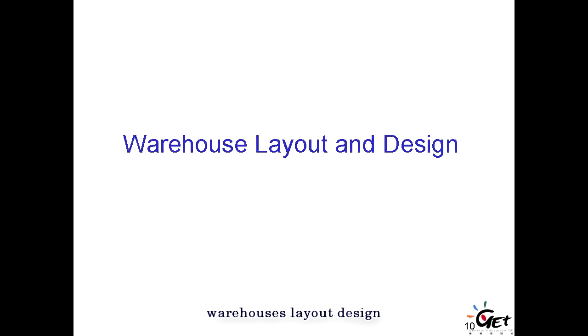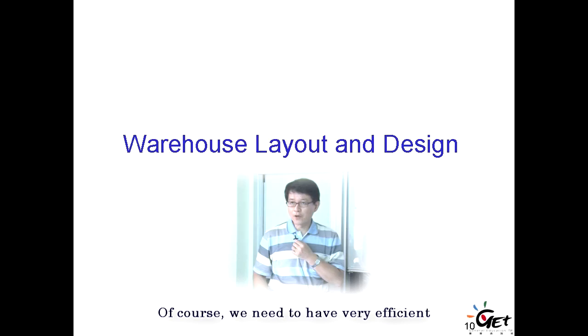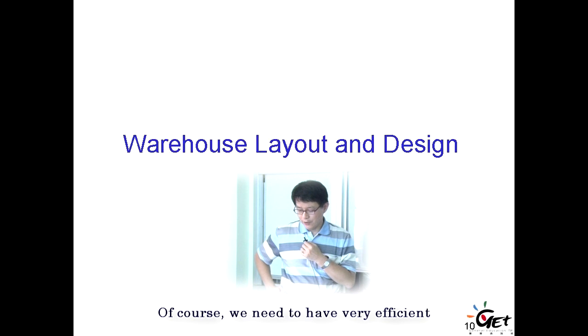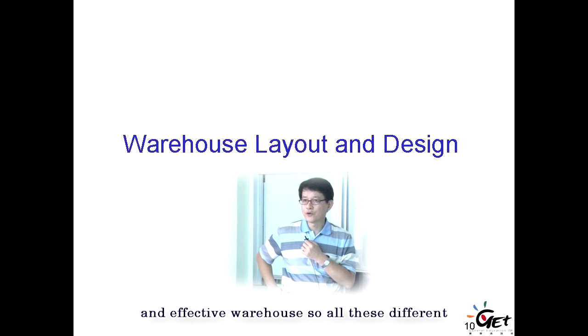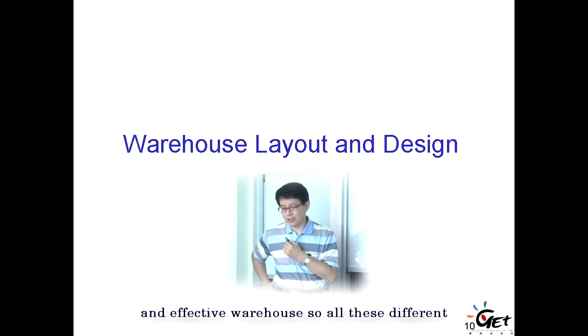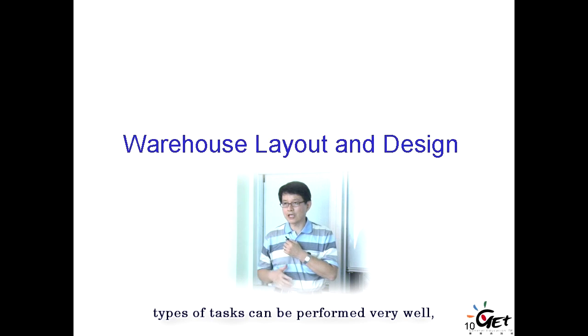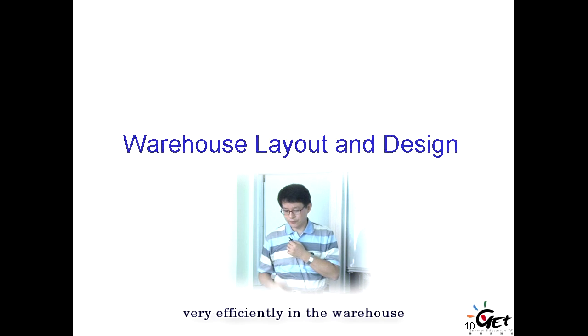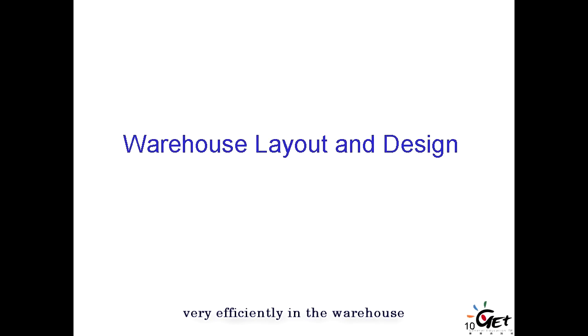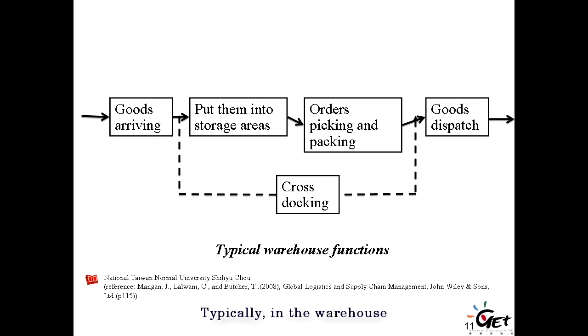Okay, warehouse layout design. Of course, we need to have a very efficient and effective warehouse so that all these different types of tasks can be performed very well and very efficiently in the warehouse. Typically in a warehouse, we can see 4 functions. From the beginning, we get the orders from our suppliers. The first stage, this function will be goods arriving.